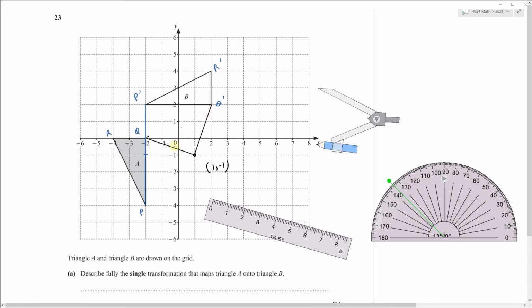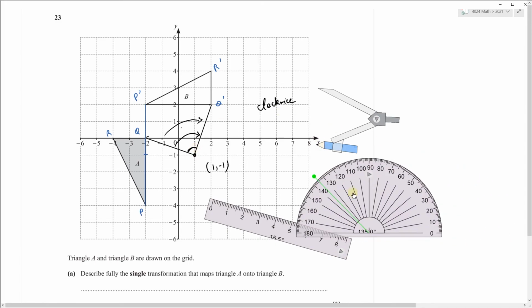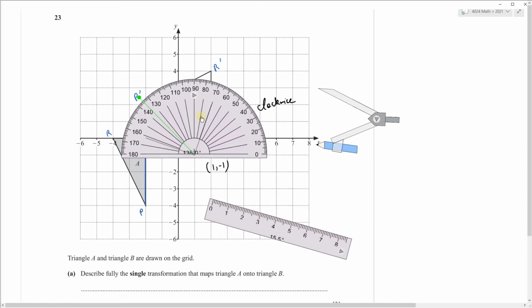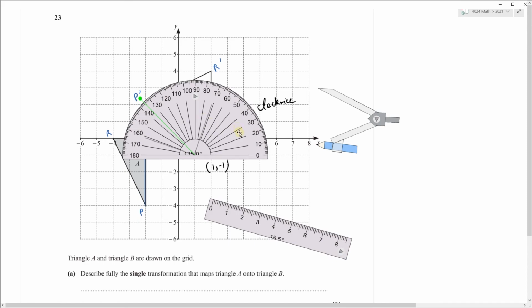If you look, this line went in this direction. Object to image rotation is in this direction. So this is clockwise. And how many degrees? We can calculate this angle here between the lines connecting the object and the image from the center of rotation to find how many degrees it was rotated.